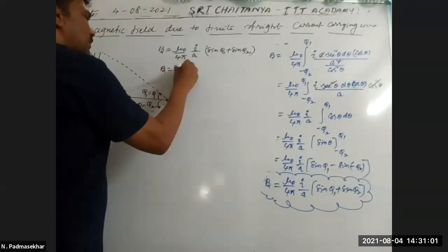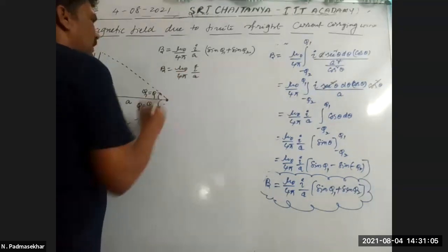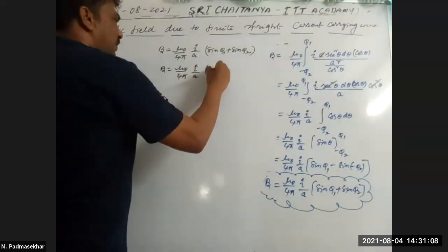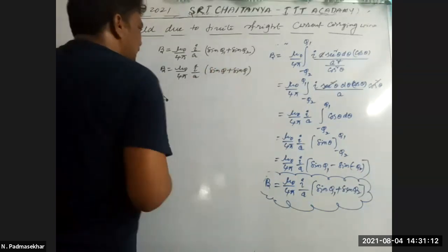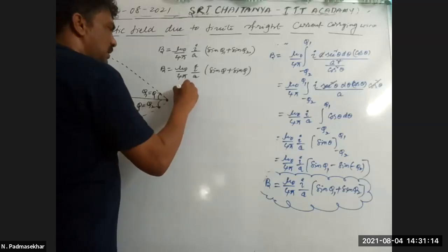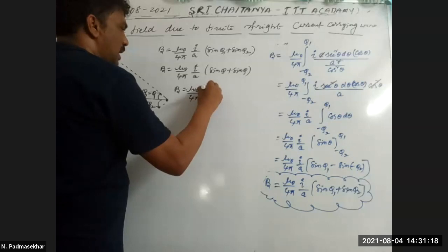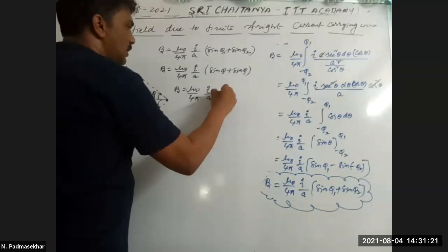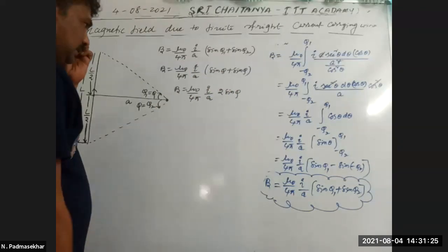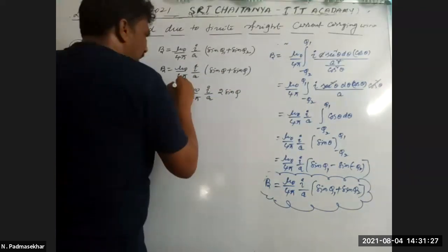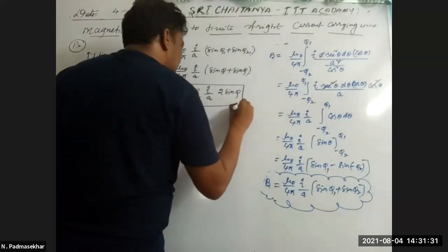So B is equal to mu naught by 4 pi I by A, sine phi plus sine phi. So B is equal to mu naught by 4 pi I by A into 2 sine phi. So this is the magnetic field exactly at the midpoint of the straight conductor.